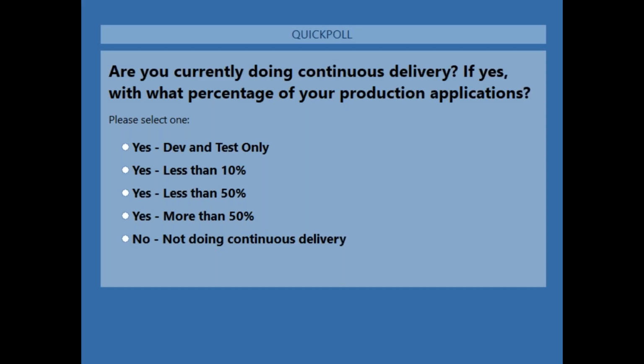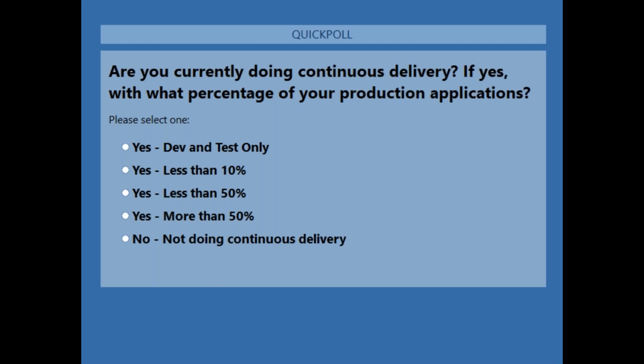And if yes, with what percentage of your production applications? The choices are dev and test only, less than 10%, less than 50%, more than 50%, or you're not doing continuous delivery. It's completely optional, but if you can answer, that'd be helpful, and we can show the results to see who's in the audience.